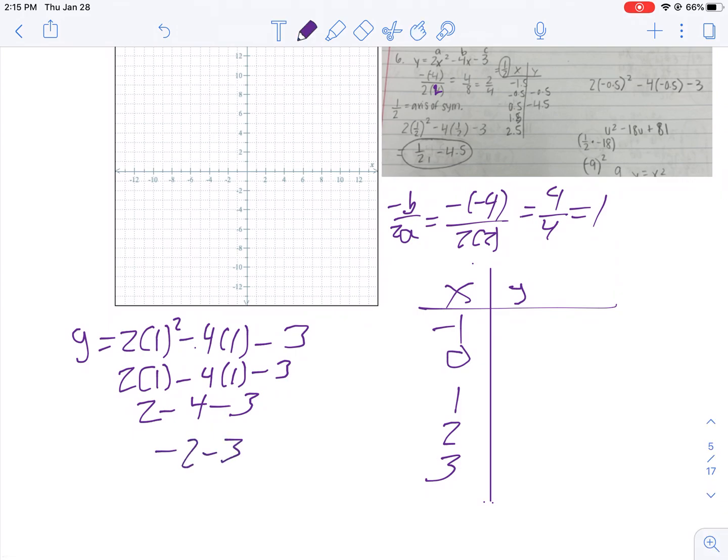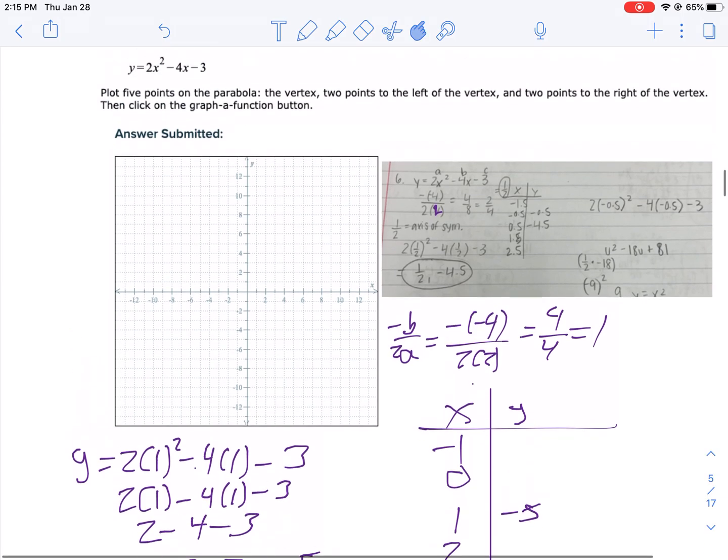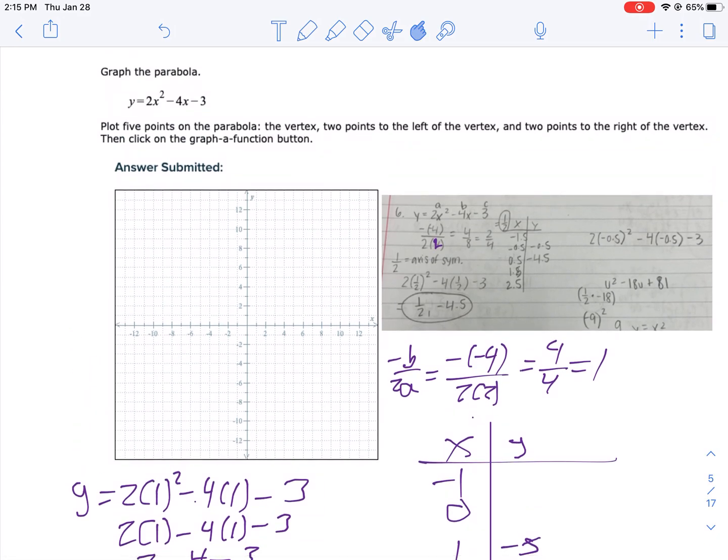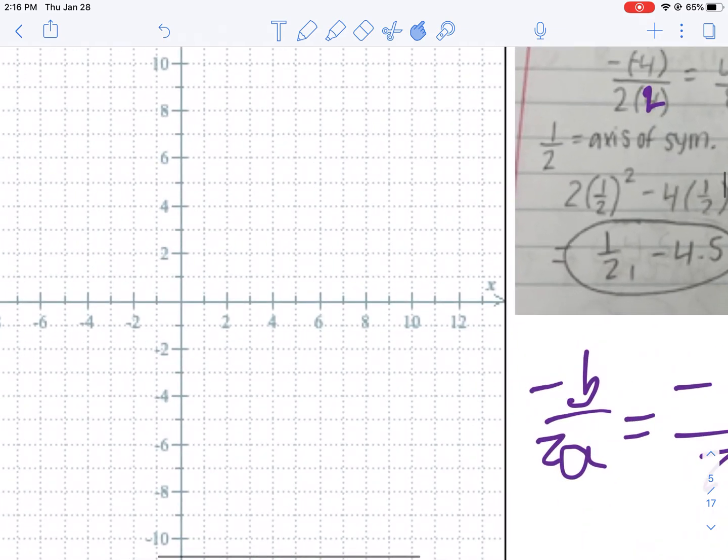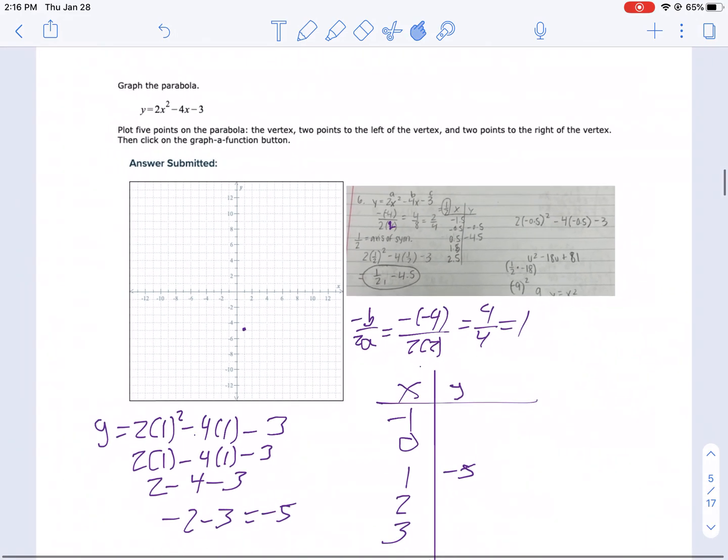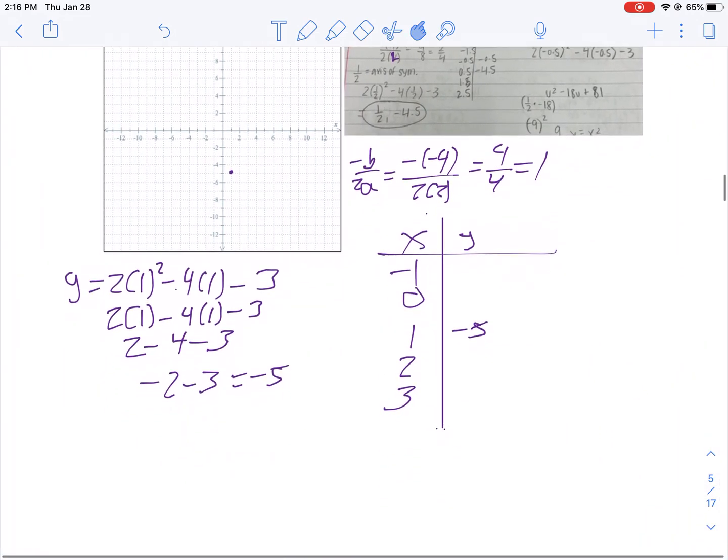Minus 3 is negative 5. So when x is 1, y is negative 5. That's our vertex. So I'm going to go over 1 on my grid and down 5. There's your first point.